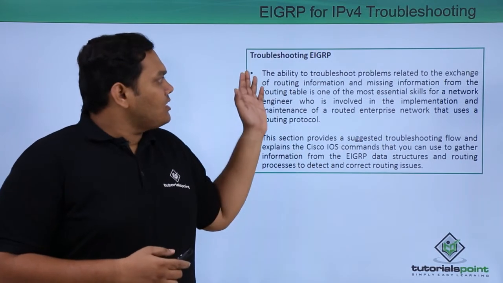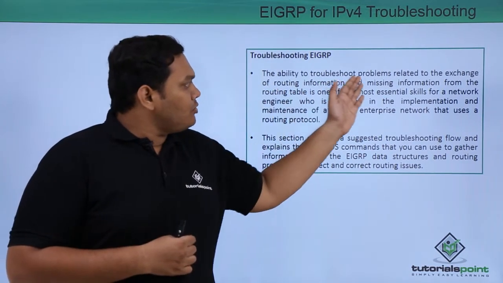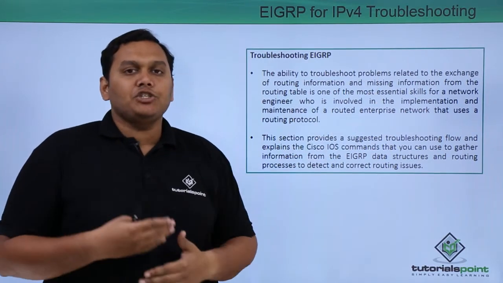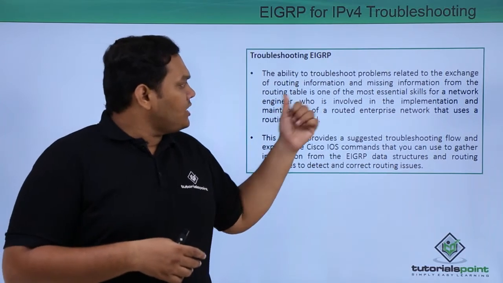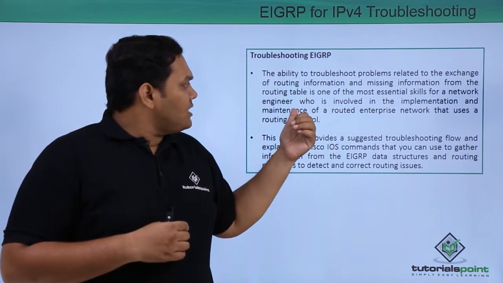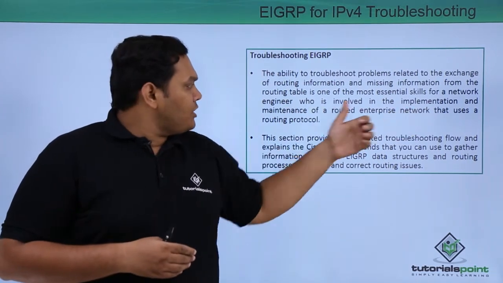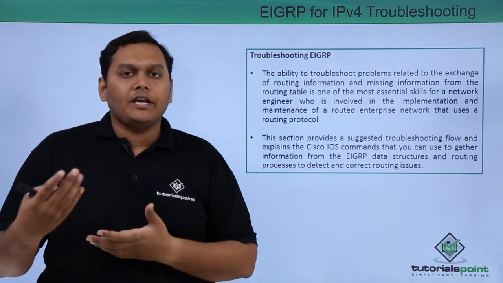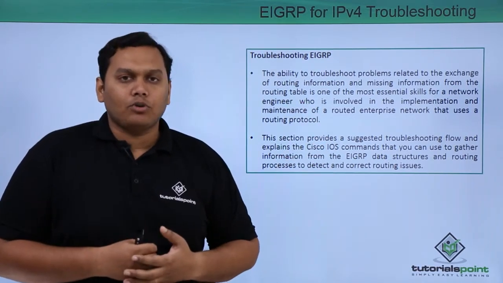So you see, when troubleshooting EIGRP, we have to consider two things here. The ability to troubleshoot problems related to the exchange of routing information, and also missing information from the routing table, is one of the most essential things. Also, the network engineer involved in the implementation and maintenance of routed enterprise networks should know about the uses of this routing protocol.